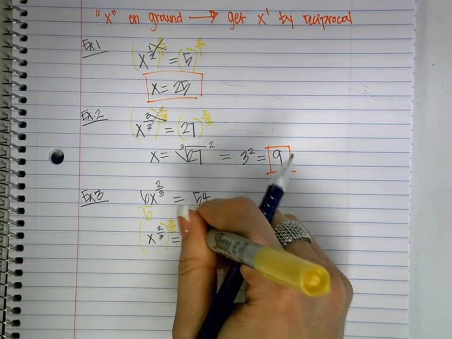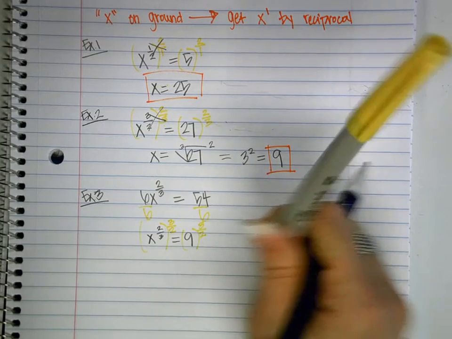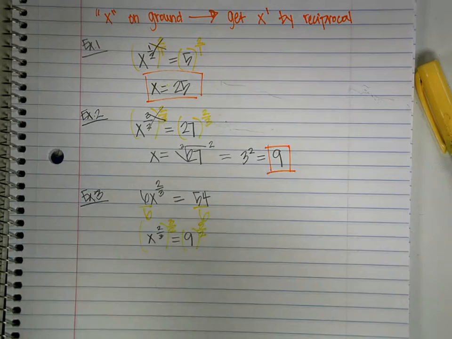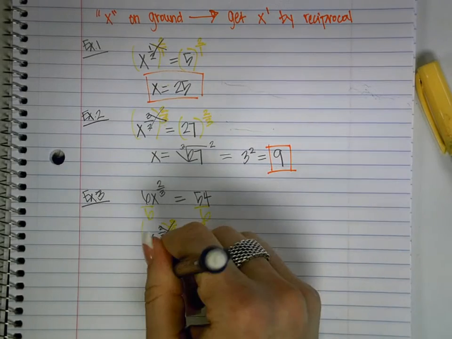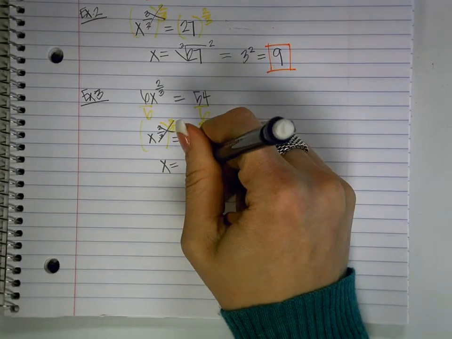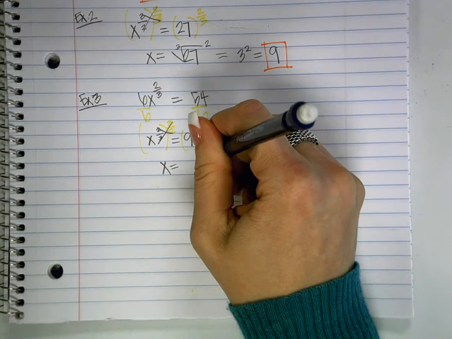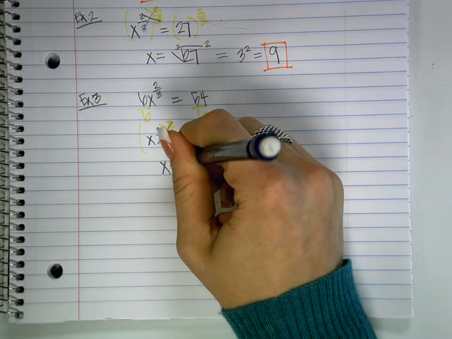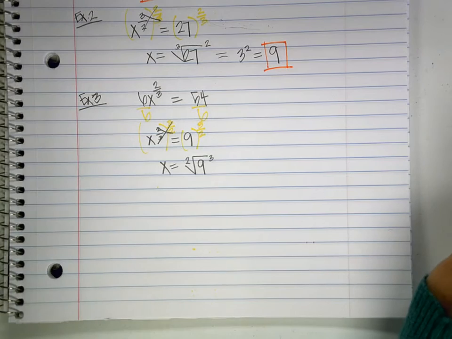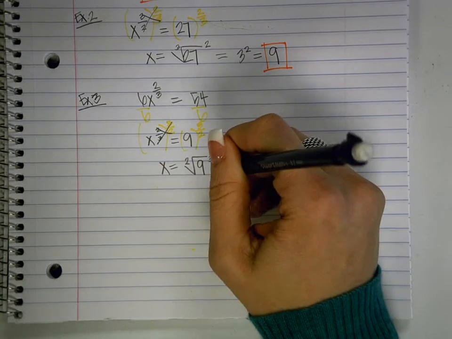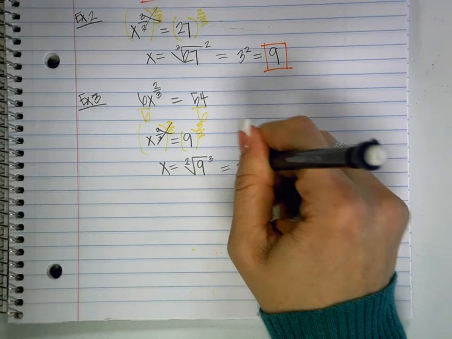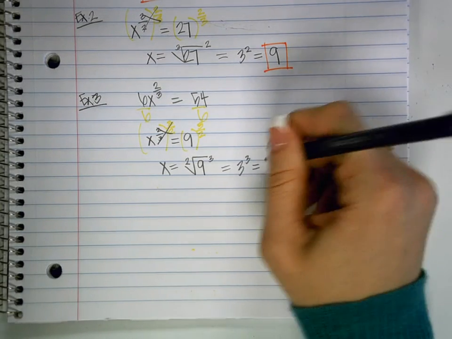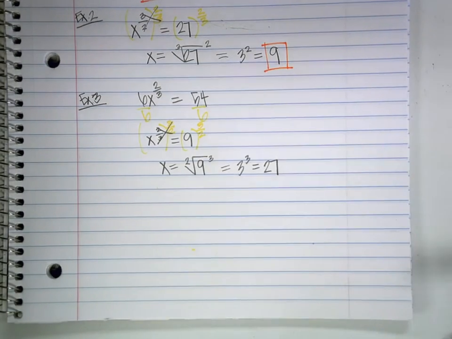These cross-reduce one another. So we get x equals, when we rewrite this in power handle, 9 power of 3 handle of 2. What is the square root of 9? 3, and 3 cubed gives us what? 27. That's your answer.